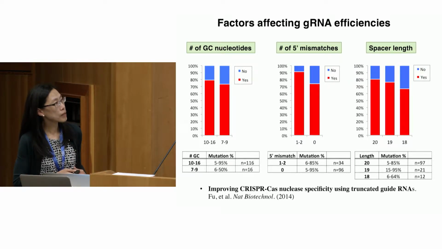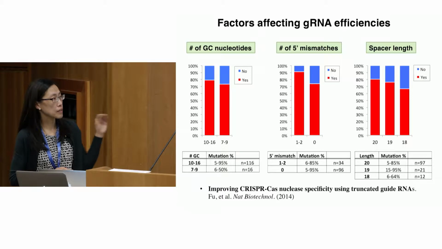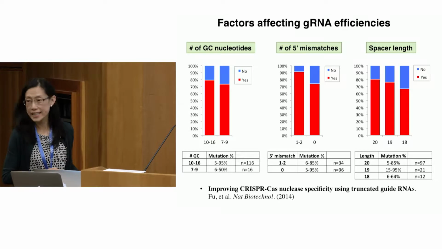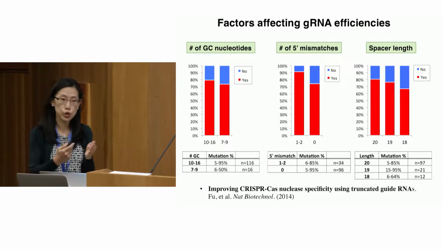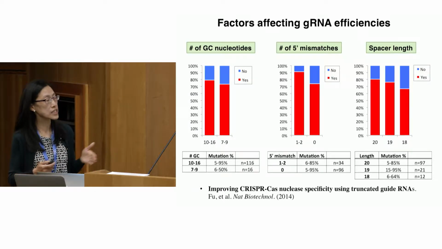You might also be aware of the publication from the Joung lab showing that CRISPR-Cas specificity, or their off-target effect, can be reduced by truncated guide RNAs. Using guide RNAs with shorter spacer length, down to 17 nucleotides, can sometimes reduce off-target activity, making the guide RNAs more specific.